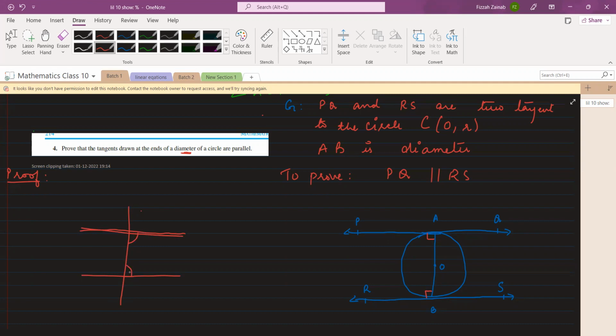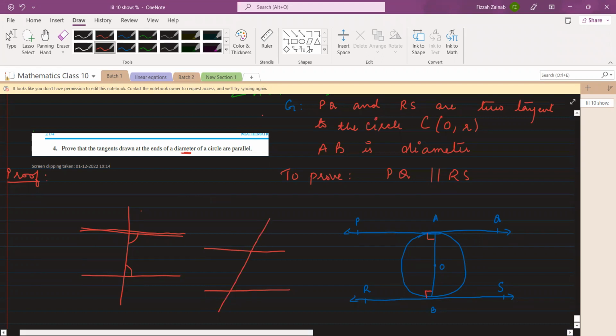Or in fact, we can also say, if these two are parallel lines, and for example, I have a transversal like this, isn't it, Martin?